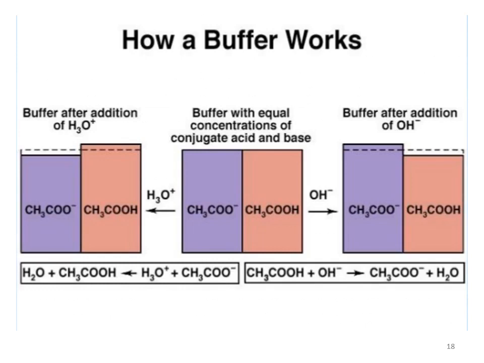Next, I am helping you to understand this with the help of a diagram. Initially, the buffer has equal concentrations of conjugate acid and base. So you can see that in the purple box there is acetate ion, and in the pink box there is acetic acid.